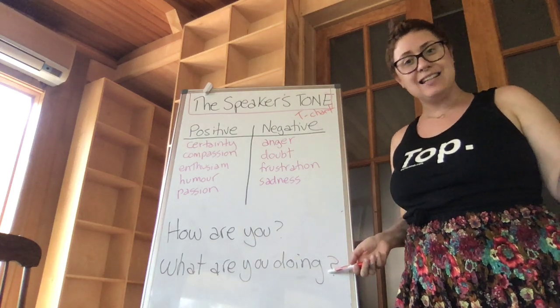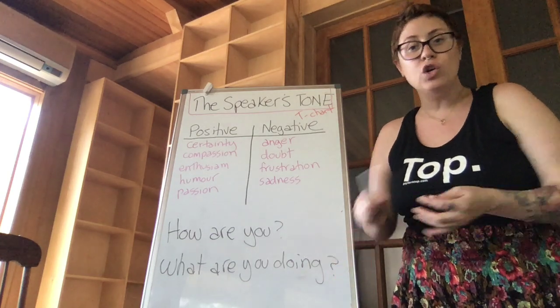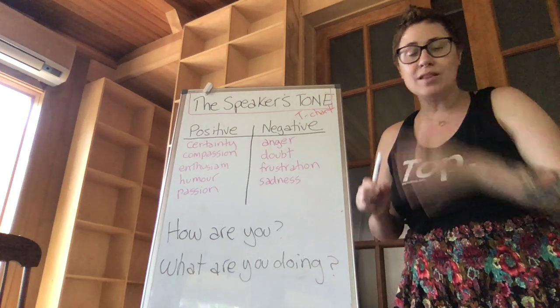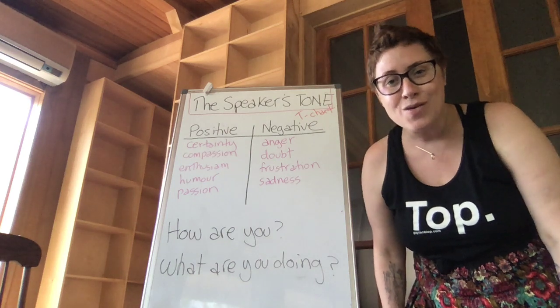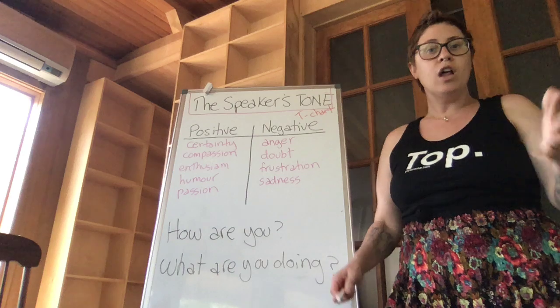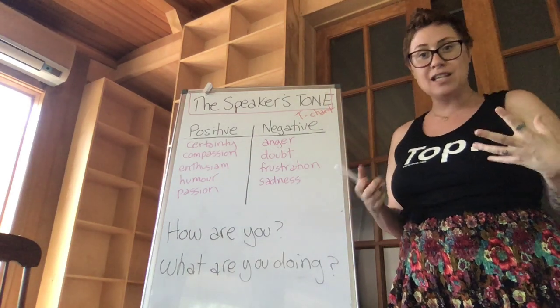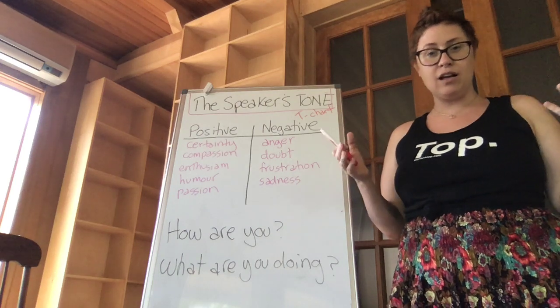But this exact same sentence can be said to a small child who is drawing something. And you can say, "Oh, hi, honey. What are you doing? Oh, it's beautiful." So the tone is completely different, and it changes the meaning of the sentence.